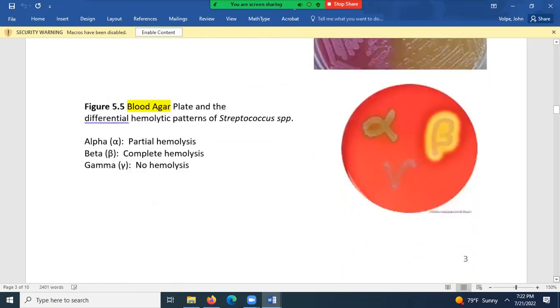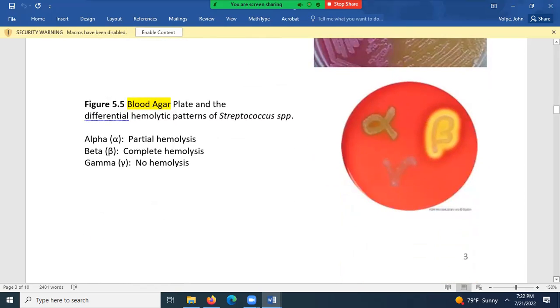All right, here we're looking at blood agar. It is both an enriched media and a differential media. It's enriched because if the bacteria cannot grow on a general purpose media, it might grow on blood agar if the blood supplies the nutrients required for the organism to grow.